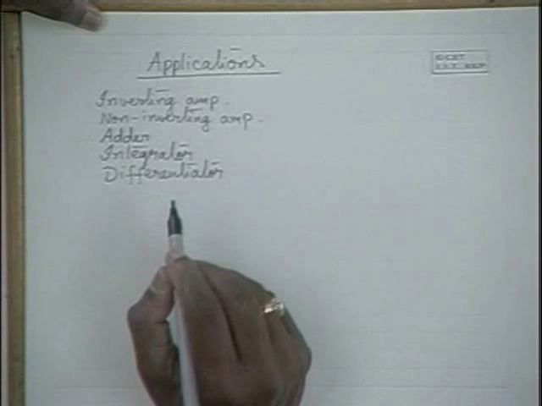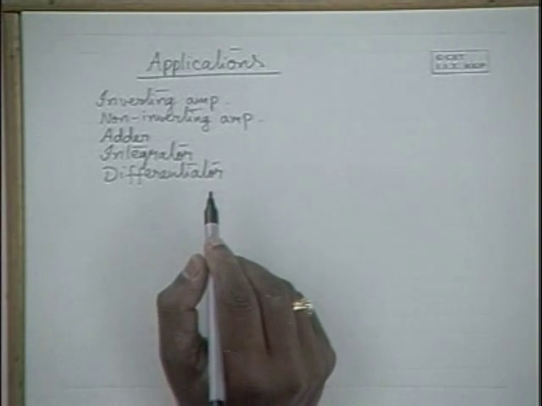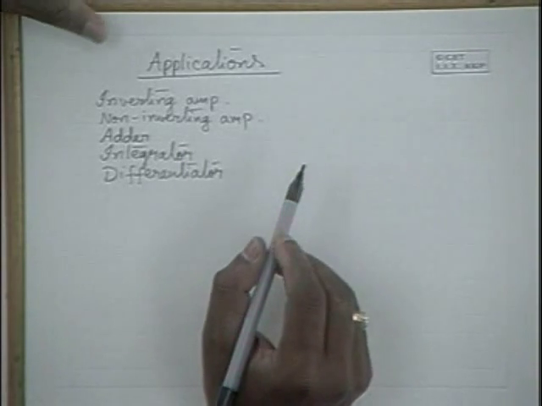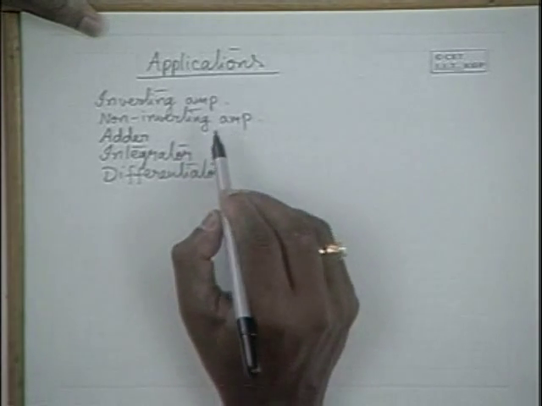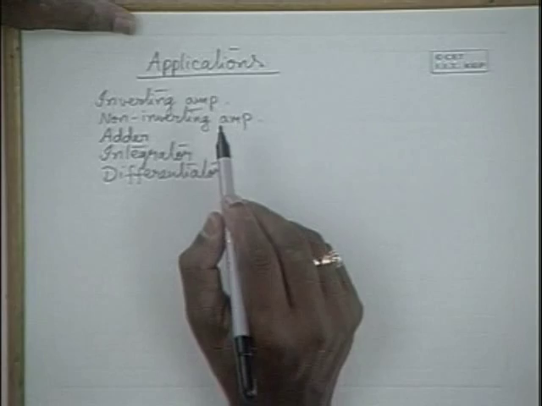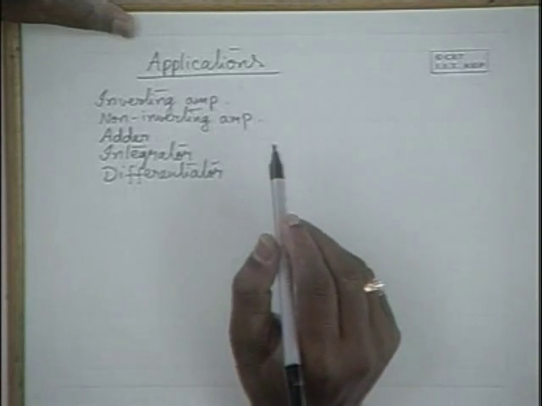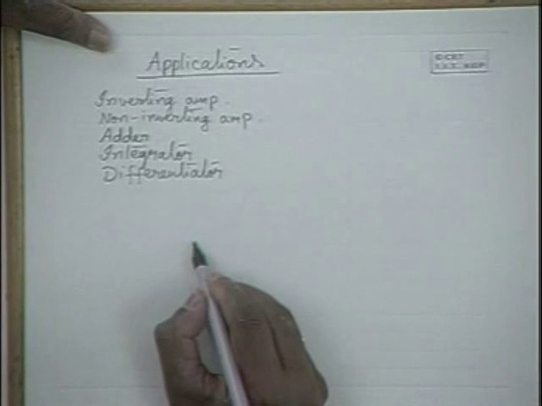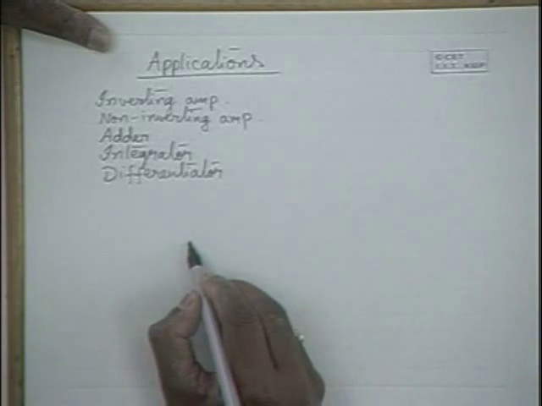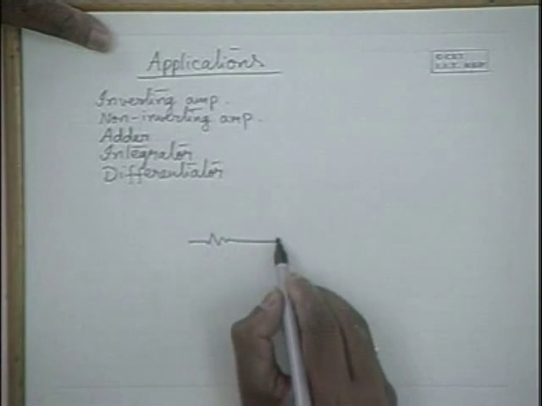So these are the applications of an operational amplifier. Usually the inverting and non-inverting amplifier applications are based on feedback principles. And let us analyze an inverting amplifier circuit.